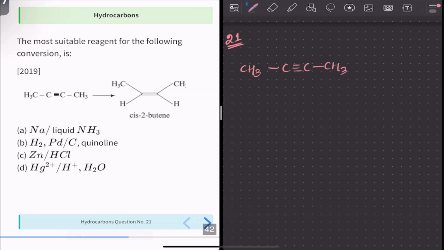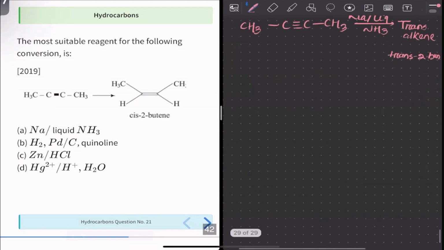If we give sodium in liquid NH3, like ammonia, it will give a trans alkene. Remember this reaction. It will give a trans alkene, that is trans-2-butene. Sodium in liquid ammonia.